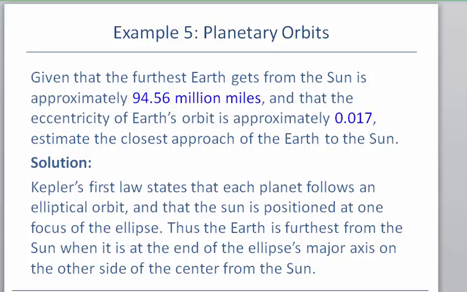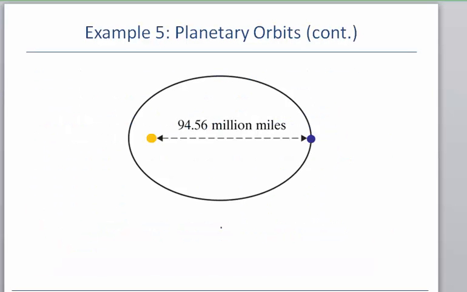Okay, so let's go ahead and take that first sentence and just look at a picture, and then we'll come back. So we know that the planets follow an elliptical orbit, meaning that we have an ellipse, and that the sun is positioned at one focus of the ellipse. All right, so this is basically what we have happening. We have our center of our ellipse being maybe right about here.